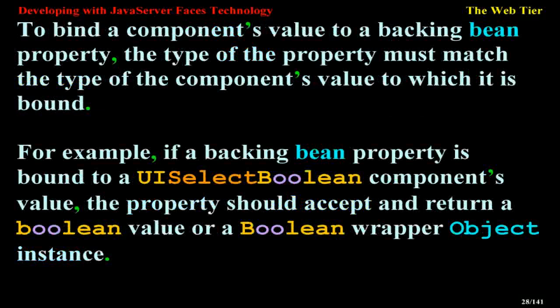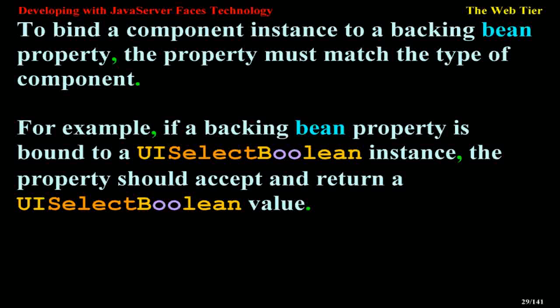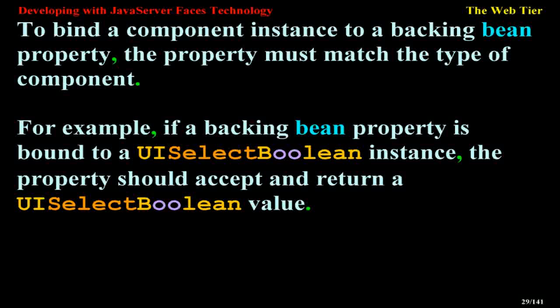For example, if a backing bean property is bound to a select boolean component's value, the property should accept and return the boolean value or a boolean wrapper object instance. To bind a component instance to a backing bean property, the property must match the type of component. For example, if a backing bean property is bound to a select boolean instance, the property should accept and return a select boolean value.